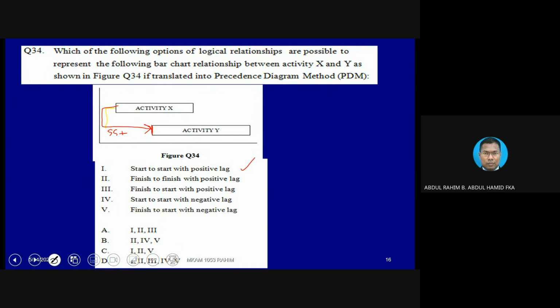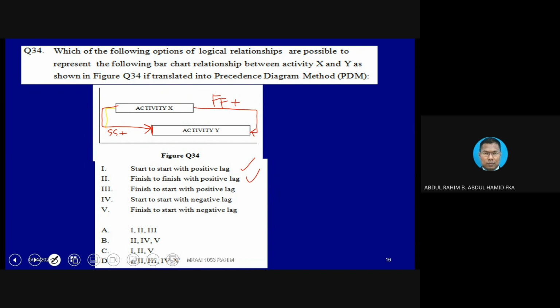Okay, finish to finish with positive lag. We can draw it the other way around. Finish to finish with positive lag, FF plus something. If it is negative, then the finishing would be drawn a little bit on the left side instead of the right side. So this is correct.